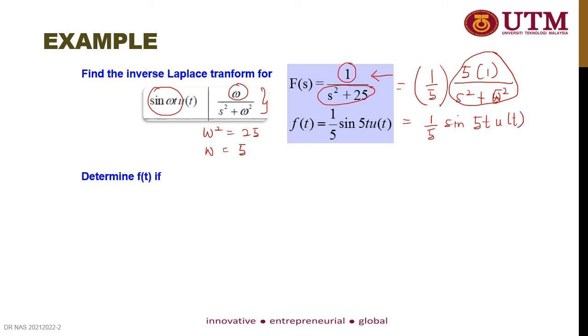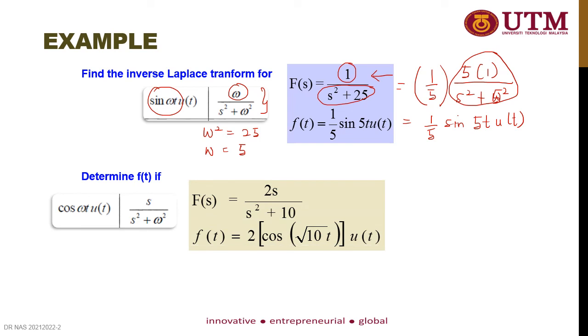Okay, same goes to the next example. Given is 2s over s squared plus 10 squared. From the equation, you may see that you have s on top, so it belongs to the cos function from the table. You can modify this equation a bit. It is equal to 2s divided by s squared plus omega squared, so your omega equal to 10.